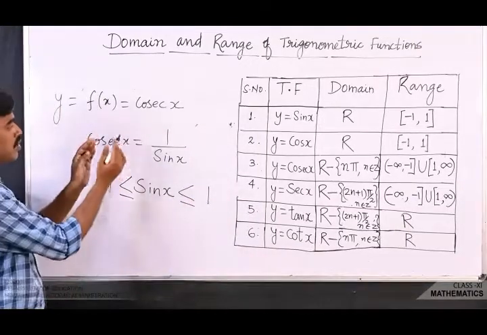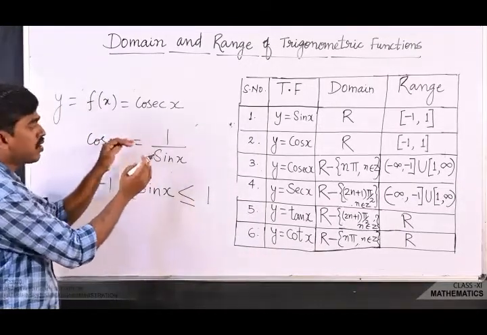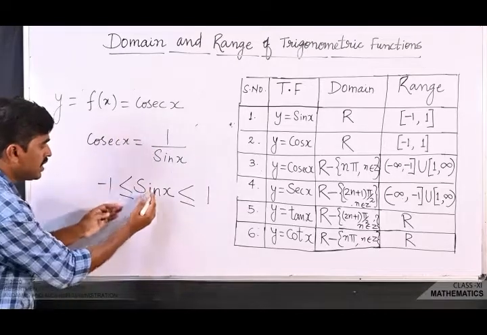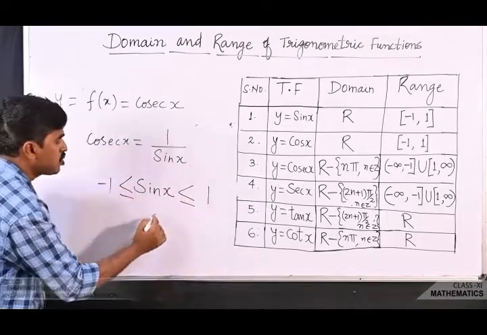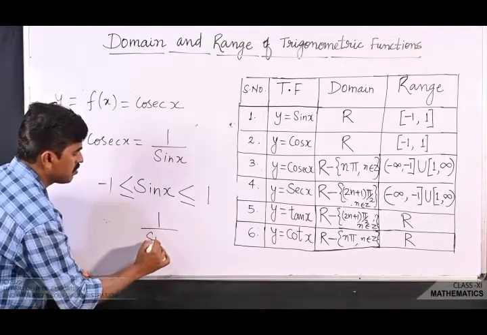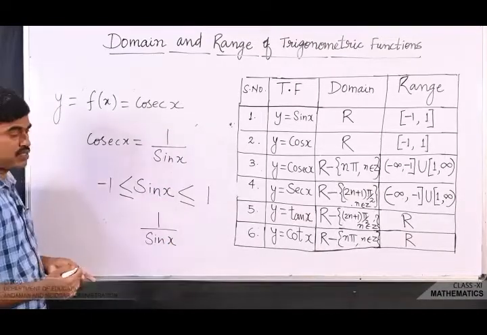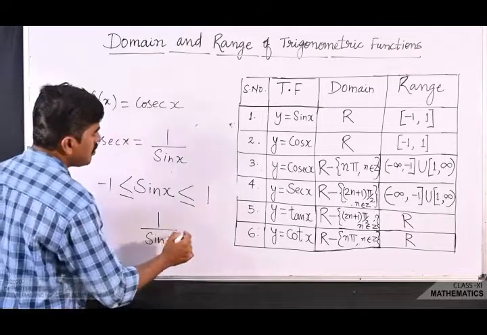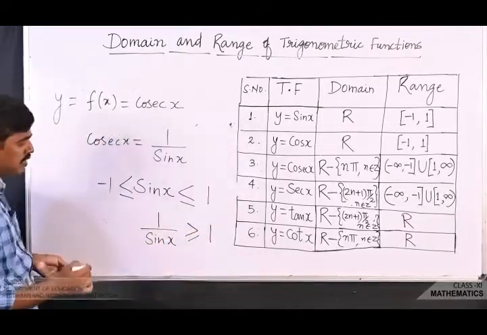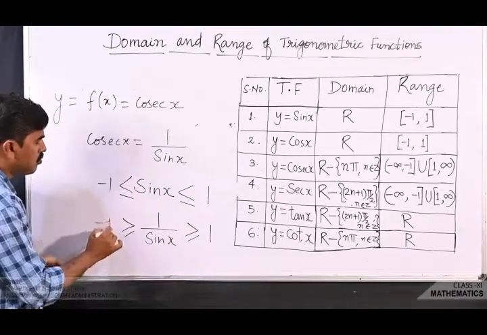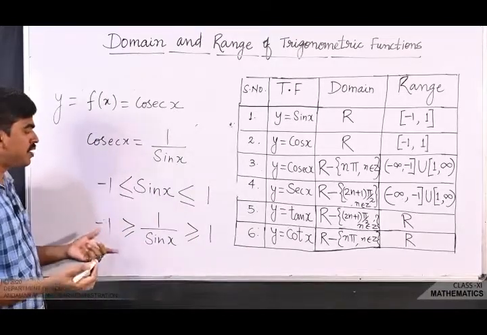Now cosec x is the reciprocal of the sine function. If sin x is greater than or equal to minus 1 and less than or equal to 1, what about 1 by sin x?